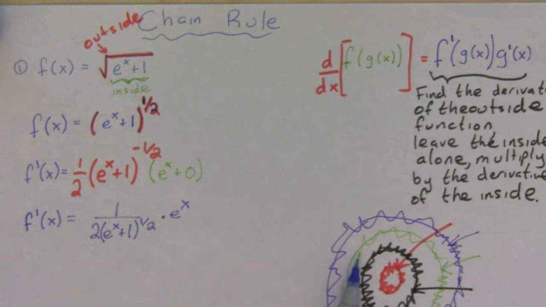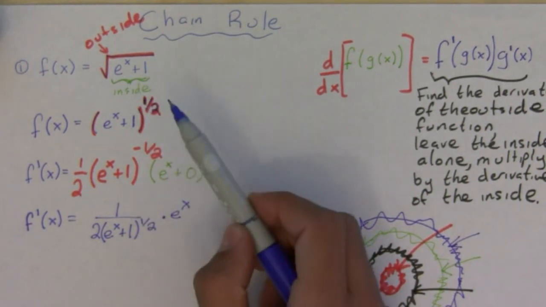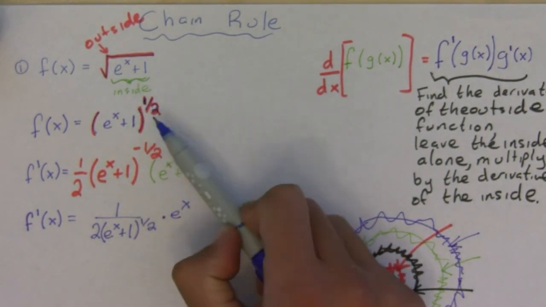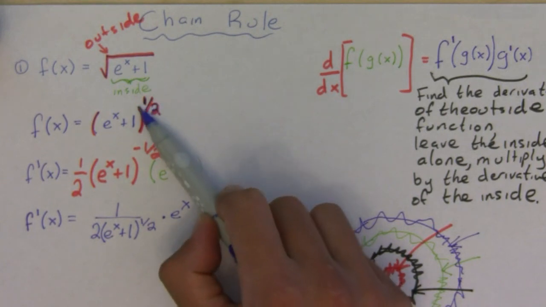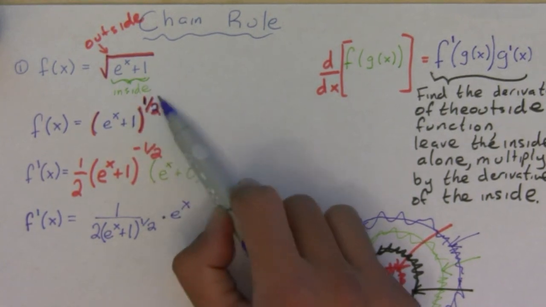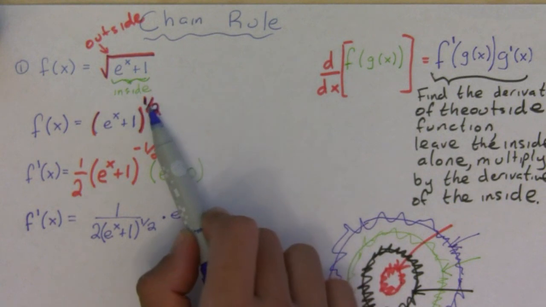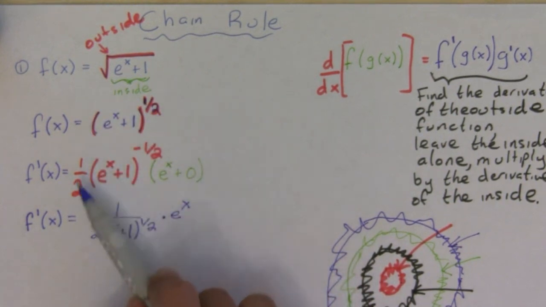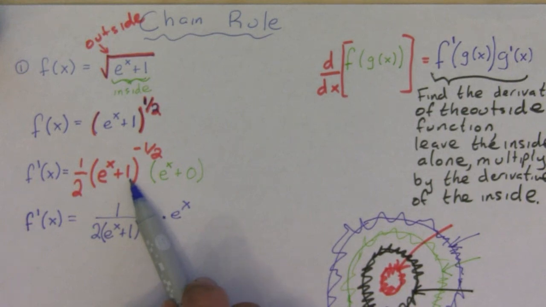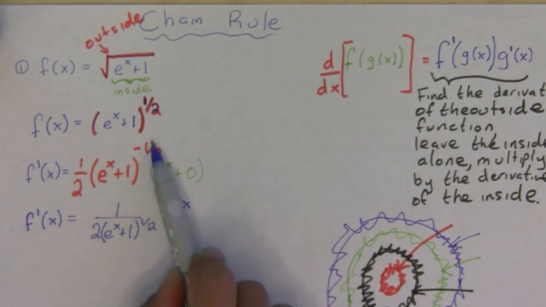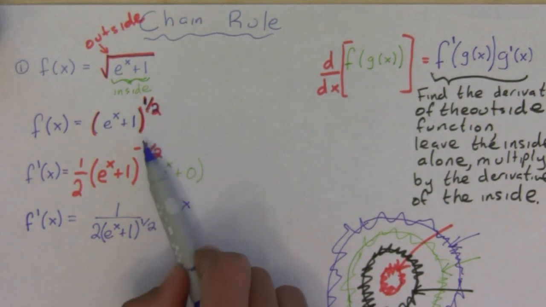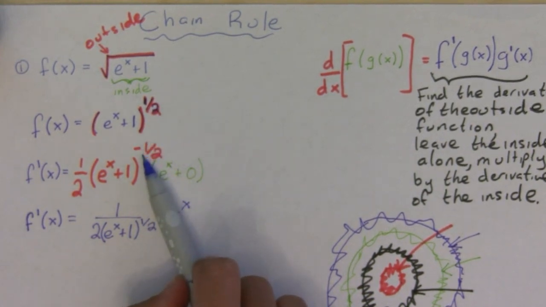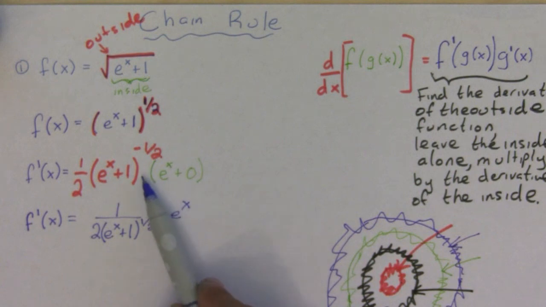Okay, so I hope it's clear what we did. Let's go back and review again. This is our function. We found the derivative of the outside, which is this guy that's being raised to the 1/2. So that means we use the power rule, bring it out in front. We get this 1/2. Leave the inside alone, and then we subtract 1 from the exponent to get negative 1/2.